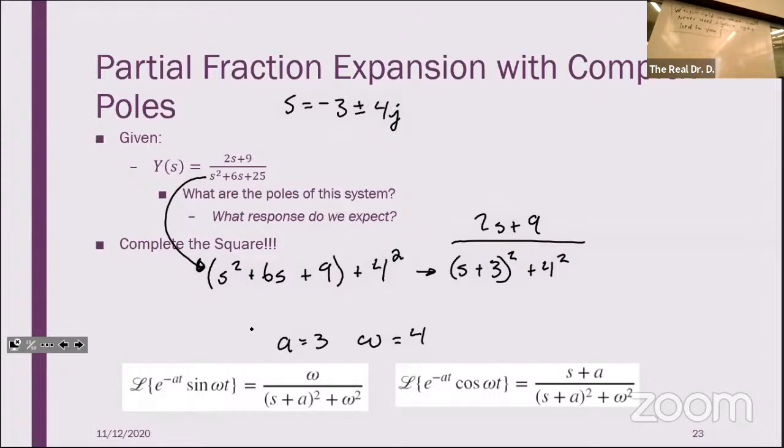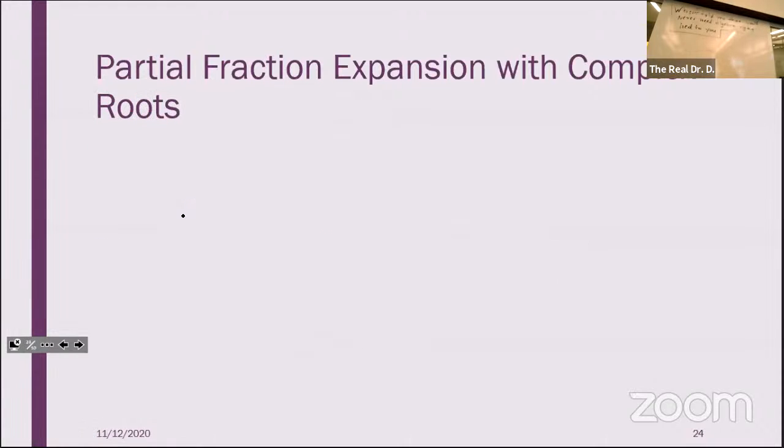So what do we do now? We recognize the roots. We know that we're going to have a damped sinusoid. Because we know we have a damped sinusoid, we know we have to have portions that are both sine and cosine added together. So we take our Y of s.